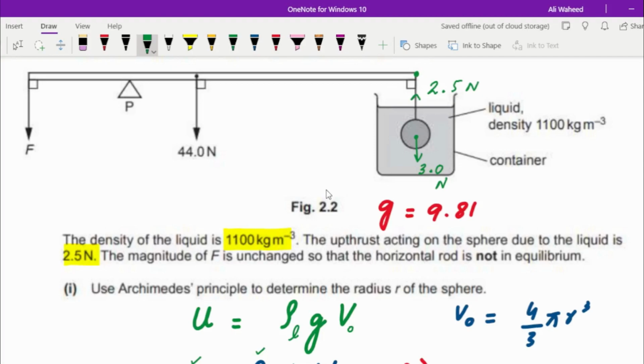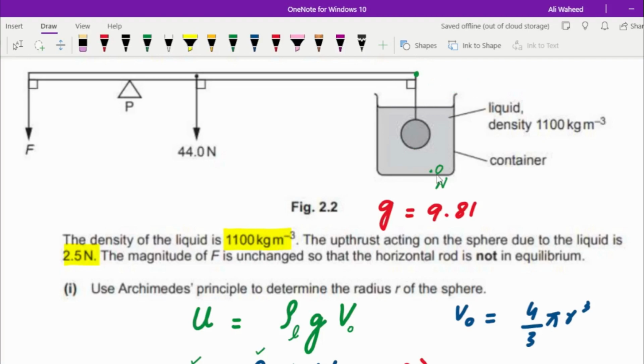So 3.0 minus 2.5, we get a resultant force of 0.5 Newton downward, because the greater force was directed downward. So I'm going to remove these two forces and write only the resultant force at this point, which would be 0.5 Newton downwards.